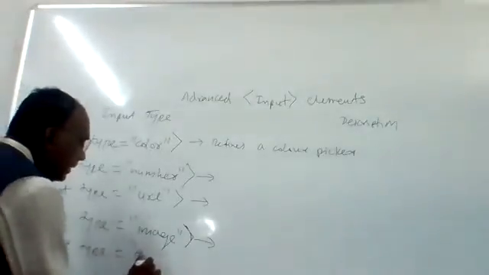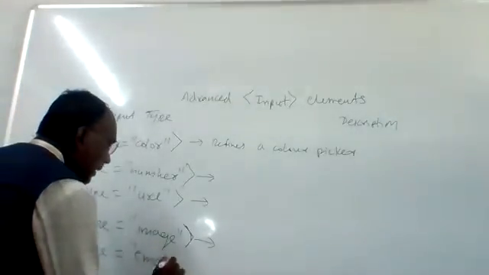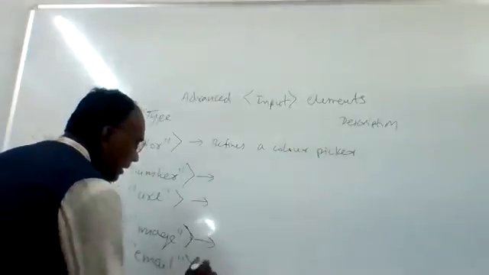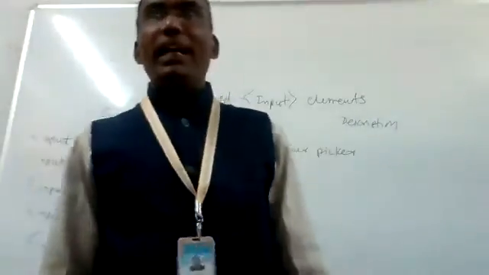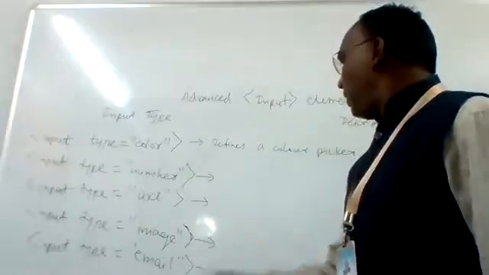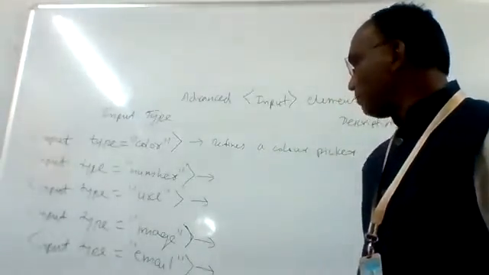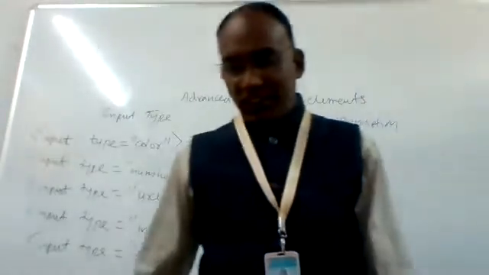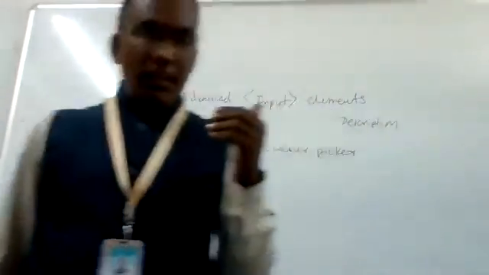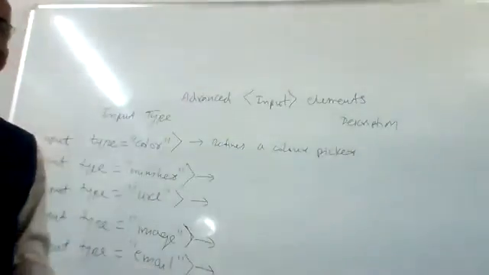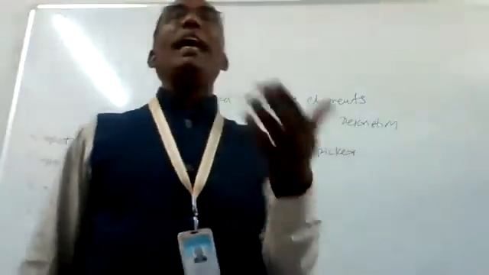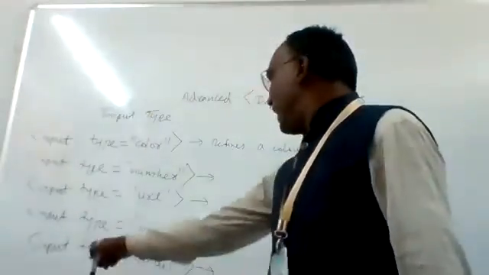Input type is equal to email. The description of this is that it defines a field for an email address. A user can input an email address with the help of this input type.